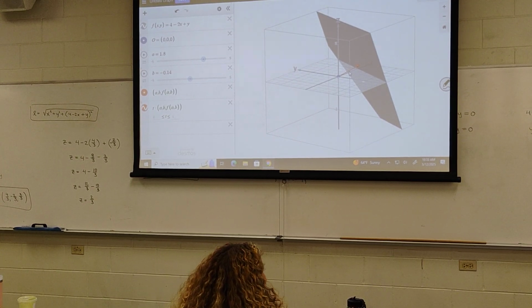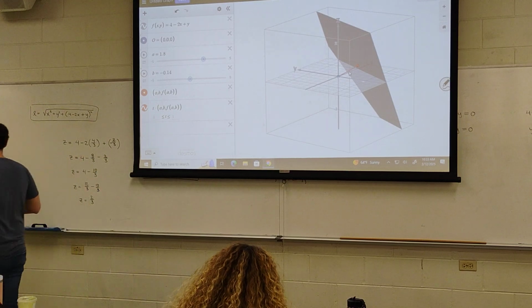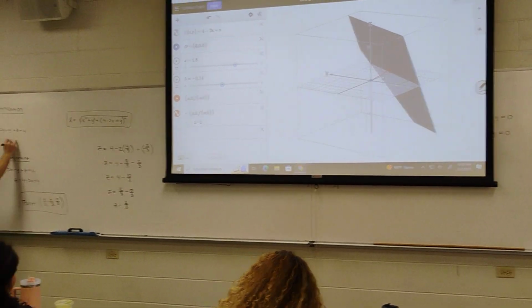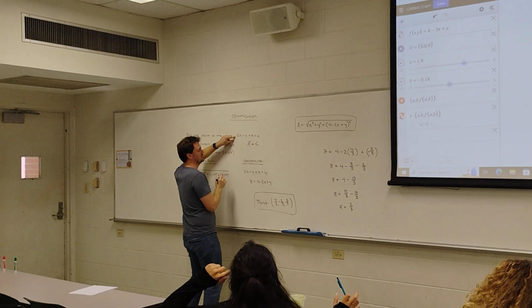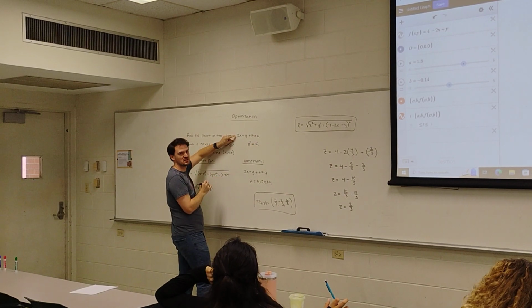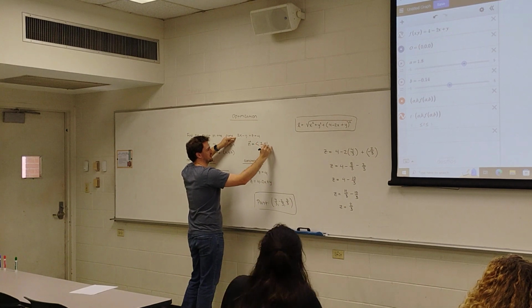Wow. So let's go all the way back to the beginning now. What is the normal vector to this plane? You can actually do it by inspection. 2, -1, 1.